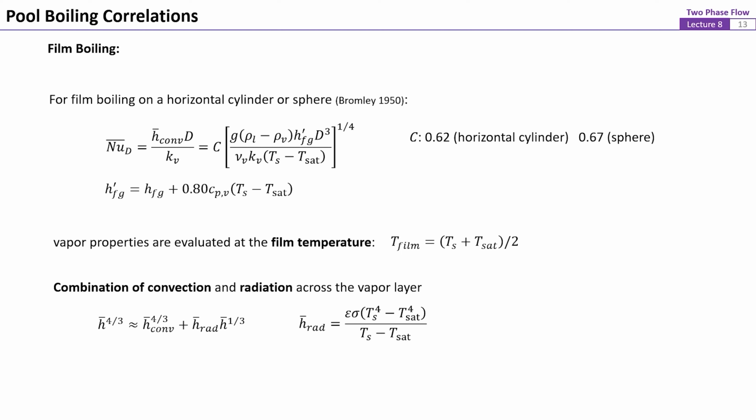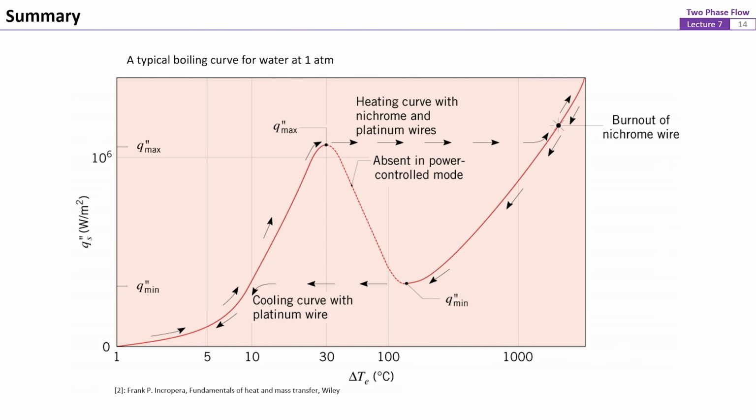The radiation effect should also be included for a more accurate estimation of the heat transfer across the vapor film. In this lecture, we introduced the typical boiling curve, the characteristics of each regime, and the basic concept of analyzing the boiling heat transfer.